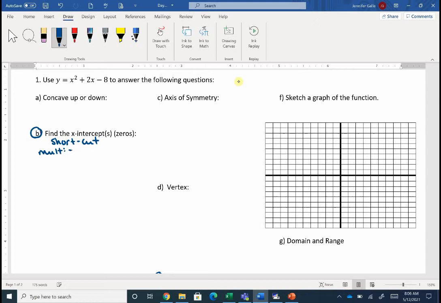So multiply to get -8, add to get 2. How much of this beginning work you show, guys, that's up to you. It helps me to write my two numbers down, but all that beginning stuff, that's up to you what you show.